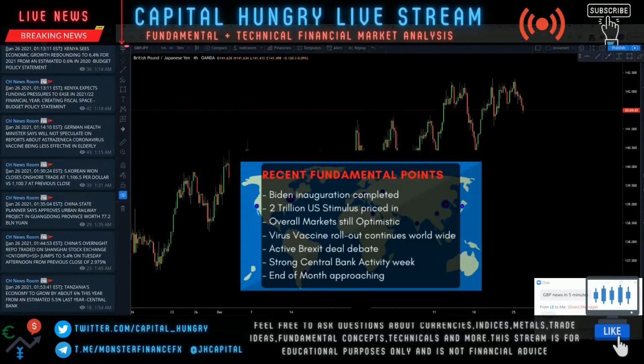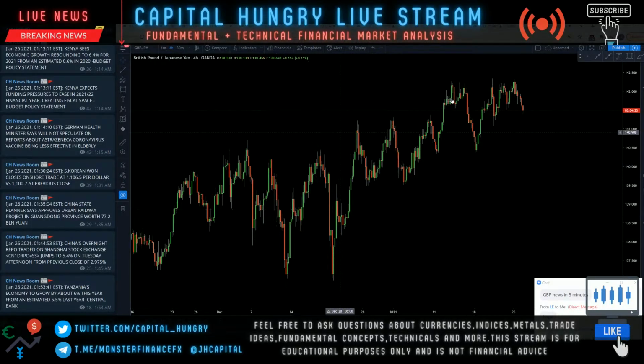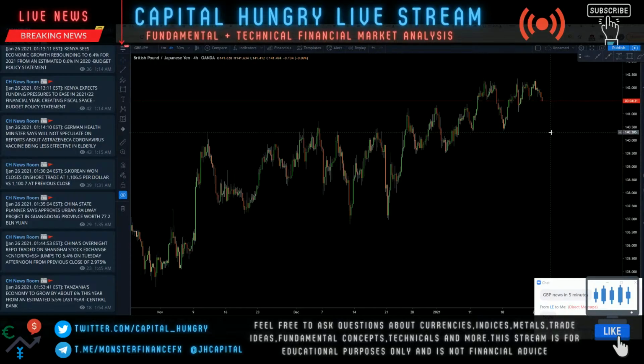And the markets are still fairly optimistic, but a lot of the market optimism has been priced in and digested by investors. And you can see, for example, on GJ here, GJ isn't in a sell-off. We might be taking advantage of some GJ scalp and intraday sell trades tonight, but that does not mean that GJ is in a sell-off.